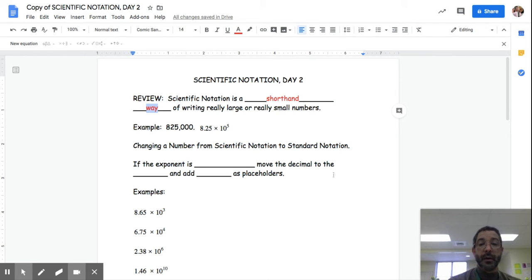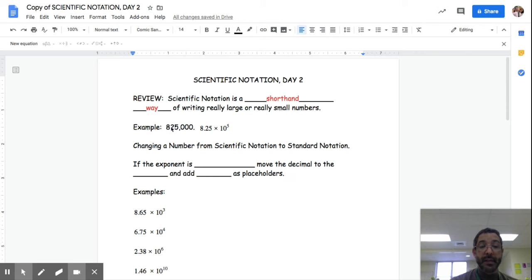Okay? So what we learned yesterday was if we had a number such as 825,000, the way I would write that in scientific notation is that I would insert my decimal point here, and I would count all the way to the left until I had one number to the left of it.